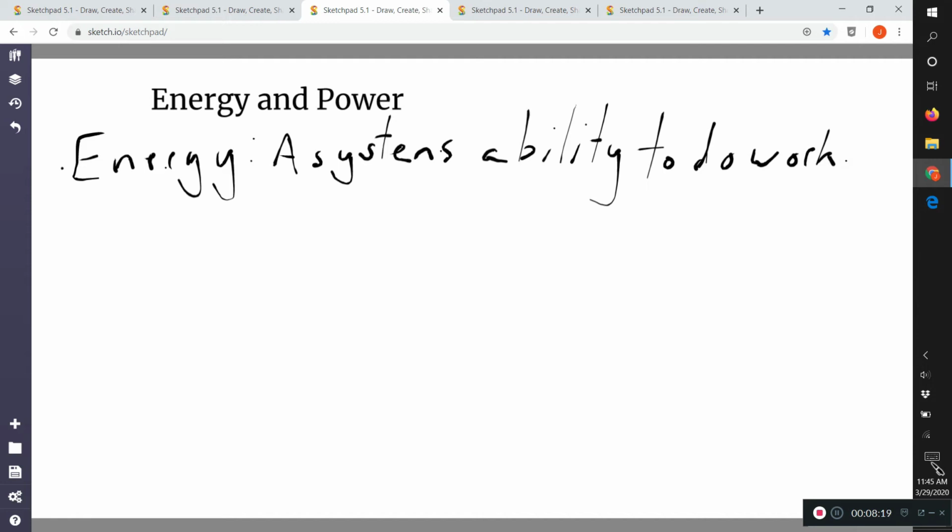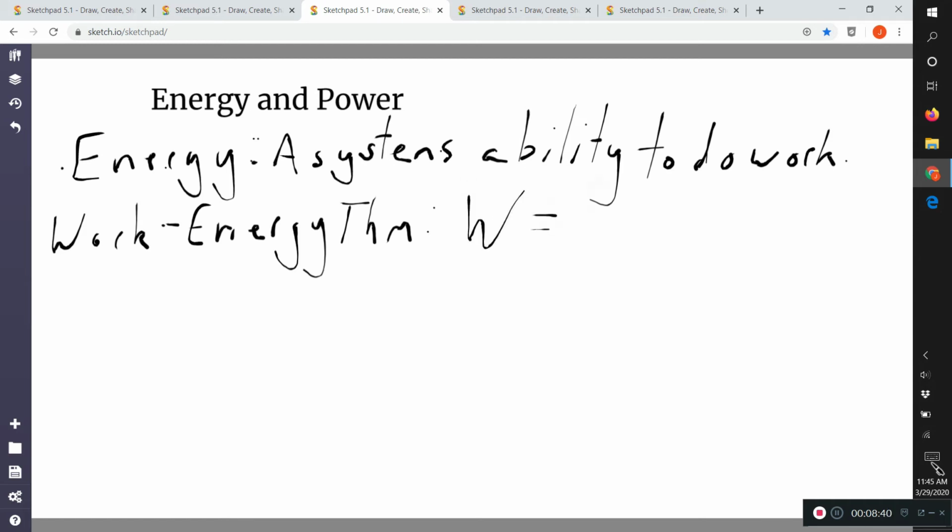Now, the relationship between work and energy is encapsulated in the work-energy theorem. Which says that work is equal to the change in energy.